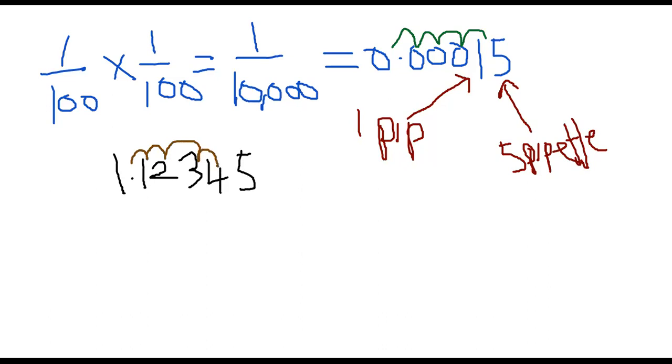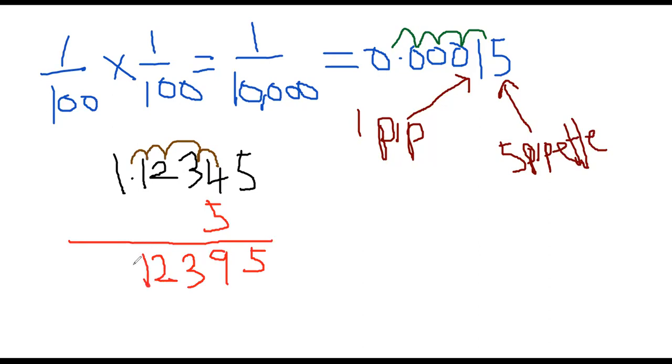That's the 4. If I add 5 pips to this, it means the 4 changes. 4 plus 5 is what? 9. So I've successfully added 5 pips to that exchange rate.